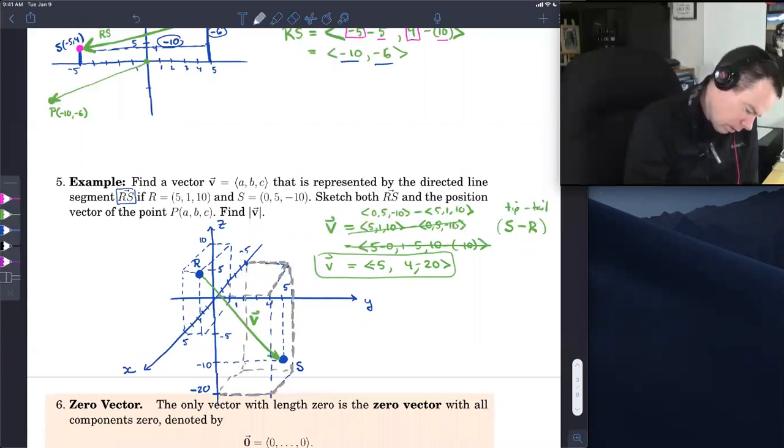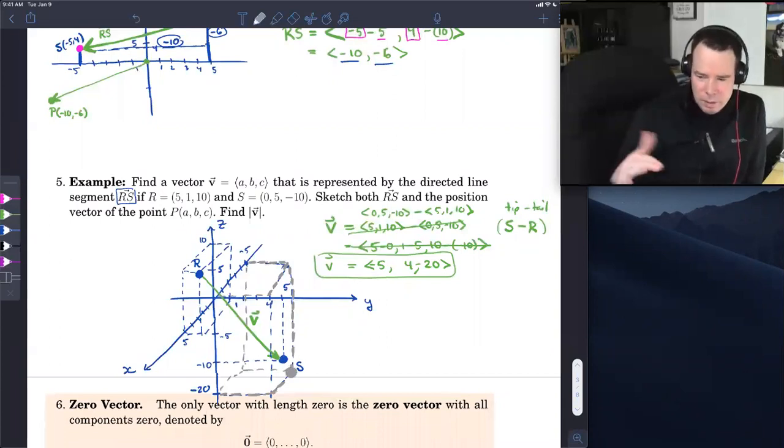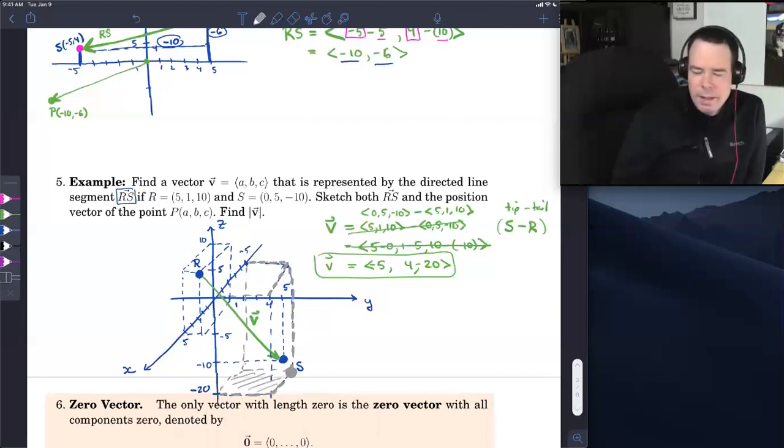So let's get that in here. So I've got it at -20 right there. So you may look at that point that I'm highlighting and go, that doesn't look like it's at -20, but we have to look at the perspective of the drawing. This entire plane is at z value -20.